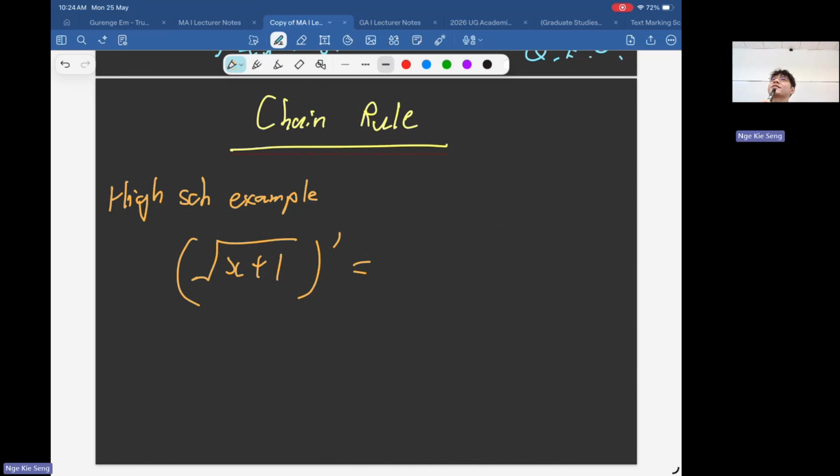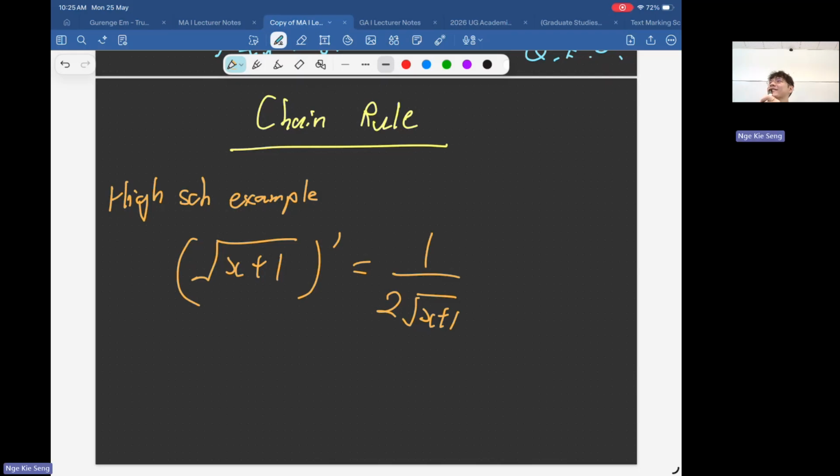I tell you, when I teach calculus one, no steps, straight away tell me the answer. And when you ask why, I remember the pattern already. 1/2 square root of x plus 1. So got step or not? Also remember pattern already.